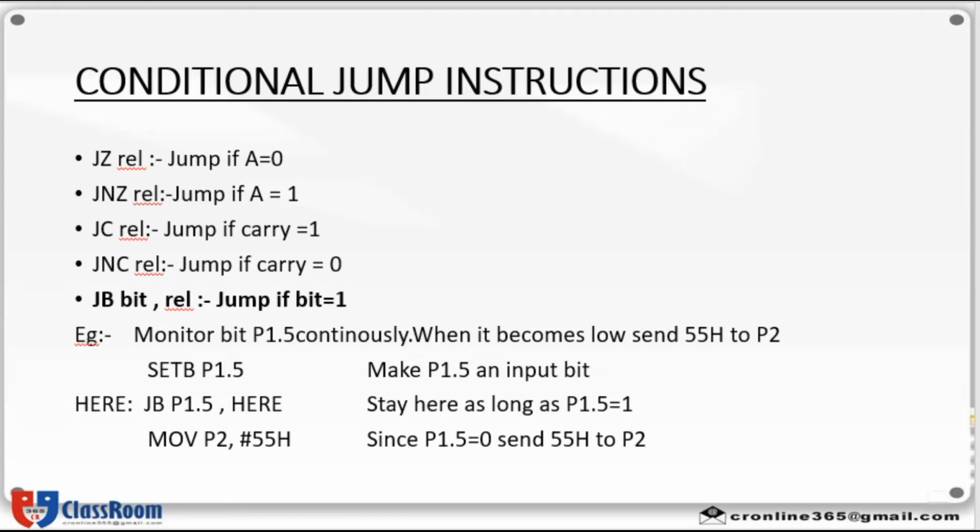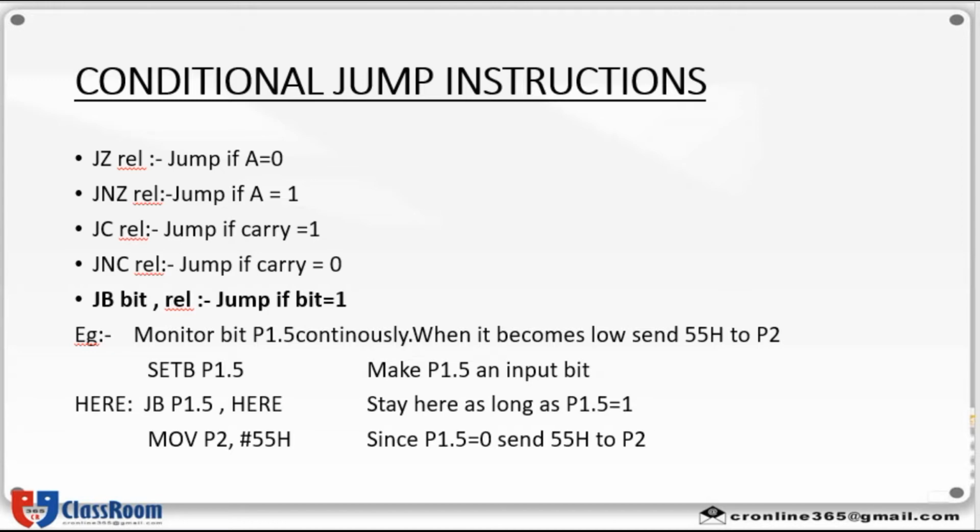Jump on non-zero relative means if any bit of the accumulator is 1, then jump to the address specified. Otherwise, you can proceed with the next instruction. In these two instructions, the accumulator content is not at all modified.